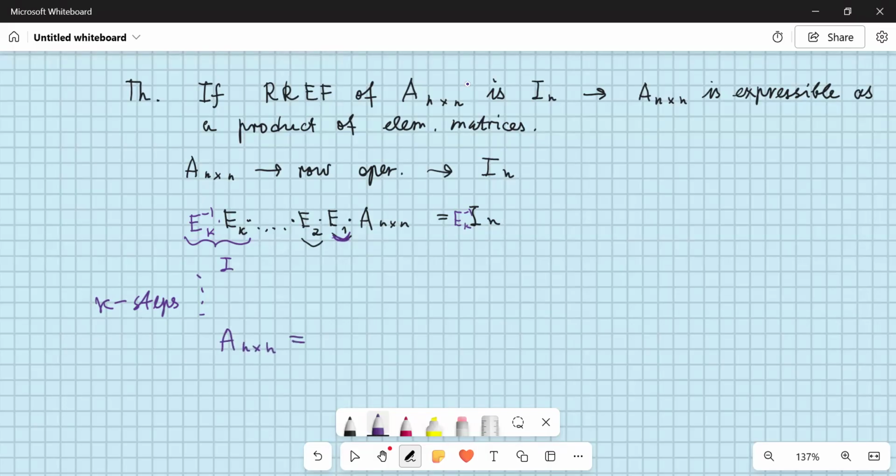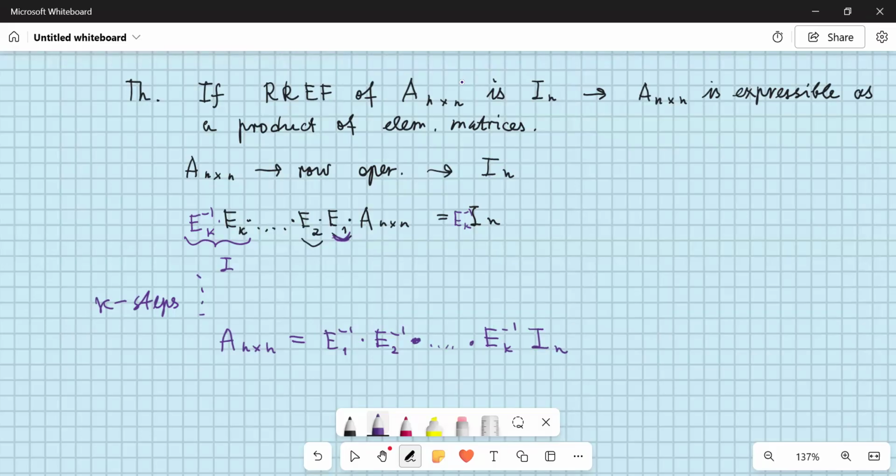And on this side, I'm going to have E1 inverse, E2 inverse, and lots of them, and the last one is going to be EK inverse. It's like I applied the same elementary operations in inverse order: first the last one, then the previous one, until I get the first one.